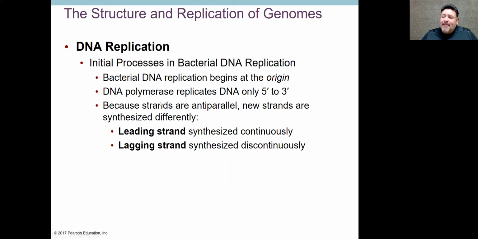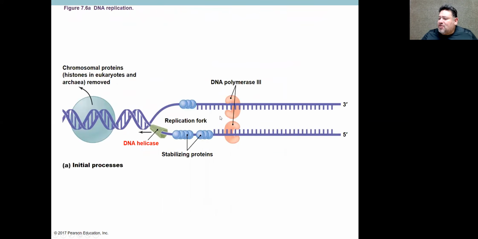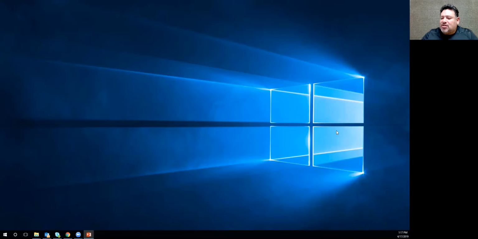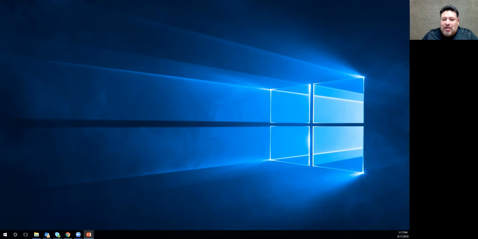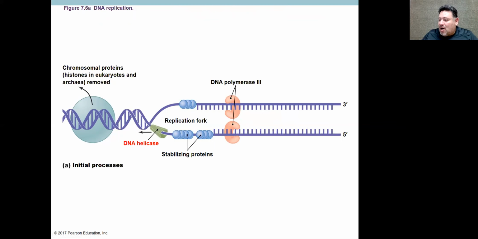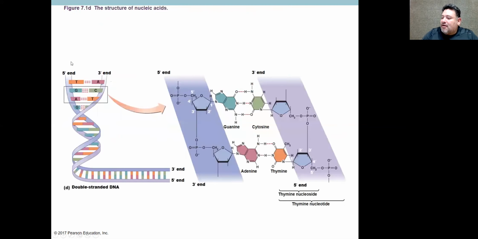Why does this matter? Because DNA is double-stranded, okay? So when you open the DNA to replicate it and form that replication fork, what you find out right away is that there's one side that's a 3', and another side is a 5 prime. Okay, so let's go back to our DNA here.